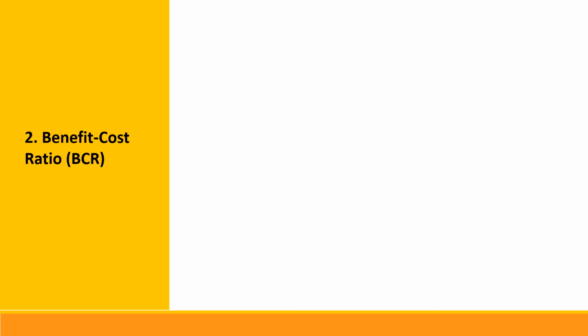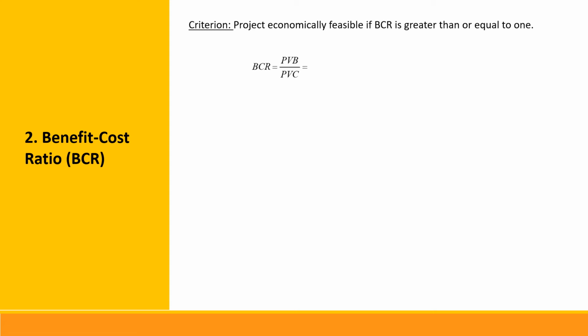The next criterion that we can use to evaluate the project is benefit cost ratio. A project is economically feasible if benefit cost ratio is greater than or equal to 1. Benefit cost ratio is calculated by dividing the present value of benefit by the present value of cost.